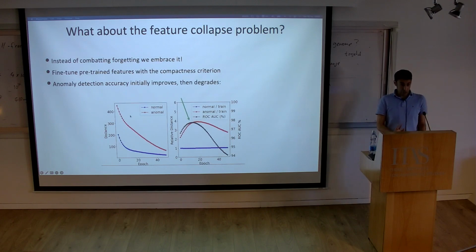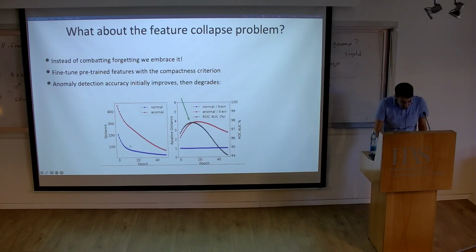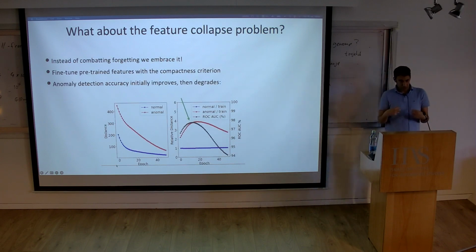So the initial representation is already quite good. This was already shown in the first experiments. Now, if we continue fine-tuning this network using the compactness criterion, basically trying to make the normal data as compact as possible, then what we see is that indeed both normal data and anomalous data get closer to the center. But more interestingly, normal data get closer to the center at a faster rate than anomalous data, at least initially.